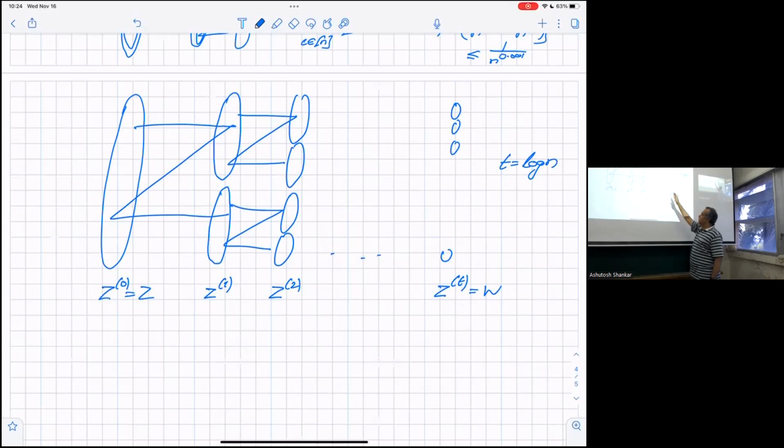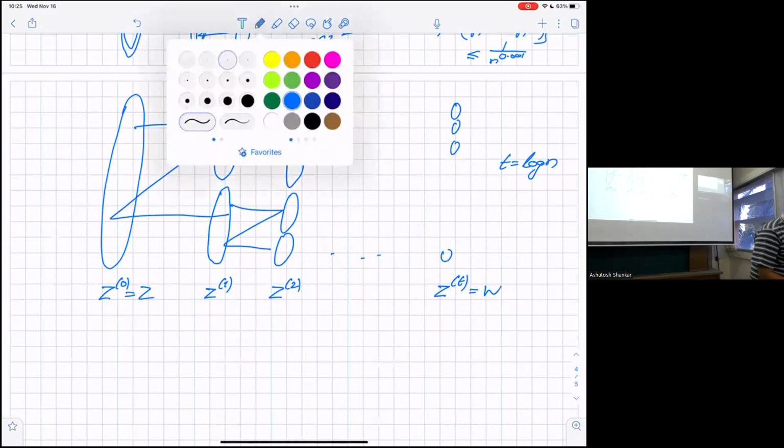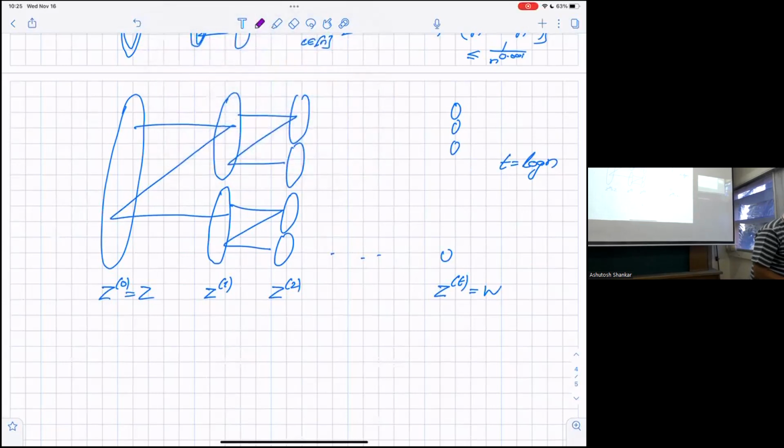There's no time here, but I'm going to call it the time axis. It's moving along. There's Z0, which is my initial vector. You're mixing it a little bit, mixing it furthermore, and you keep doing this. What you want to ask is this: we're going to choose a random location.